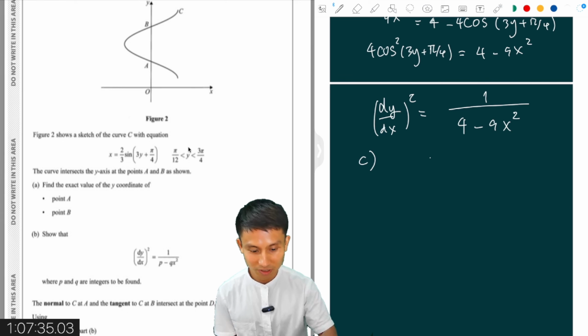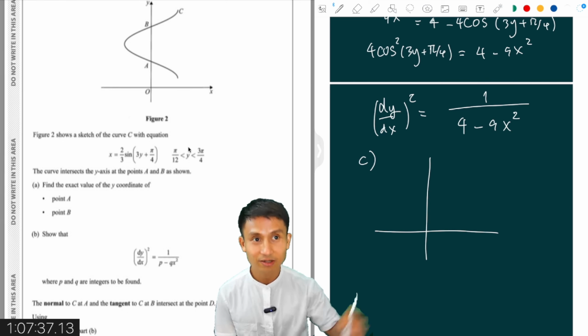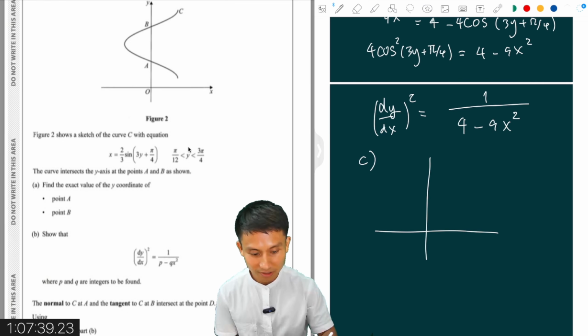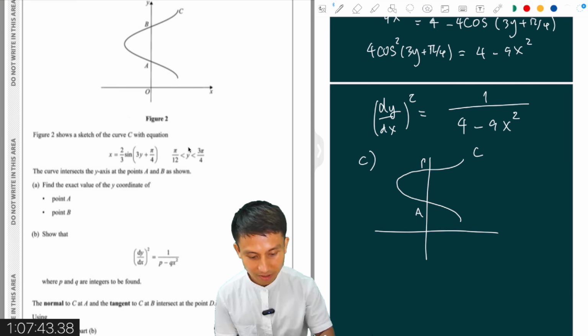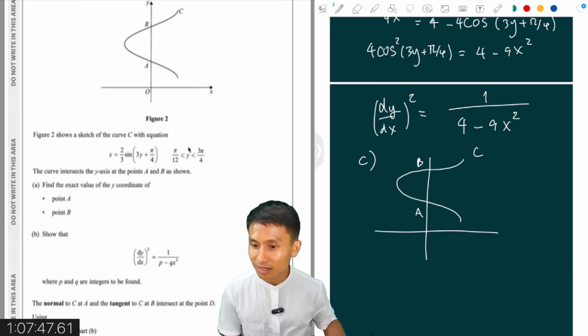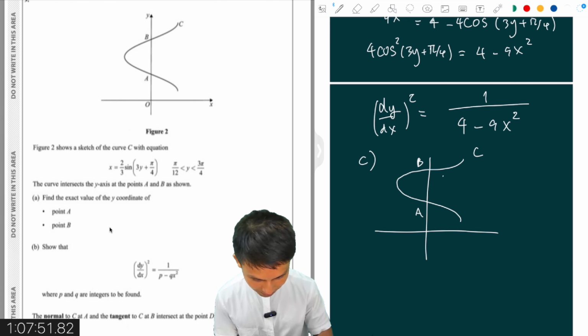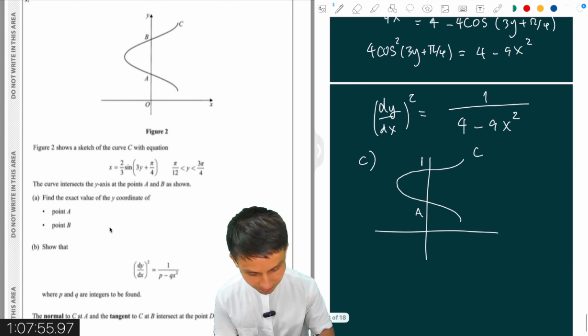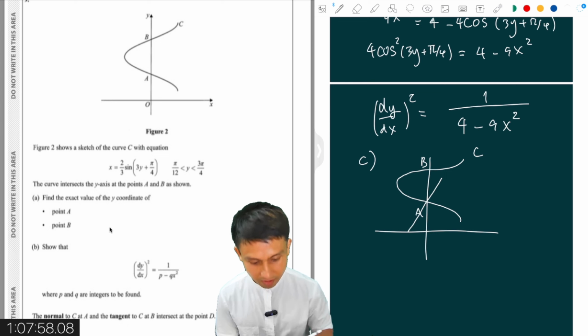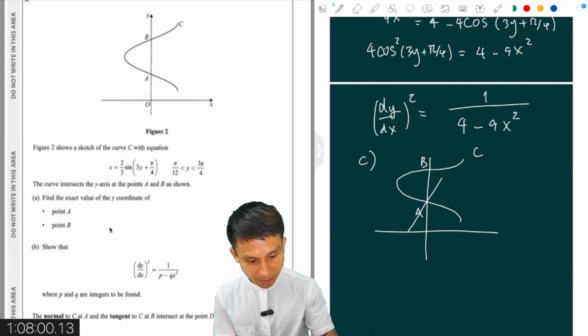Okay, so I'm just going to draw my own graph here, and maybe draw a rough shape. So they say normal to C at A, so I'm going to have this kind of line here. I hope that's normal. Let's make a different color.